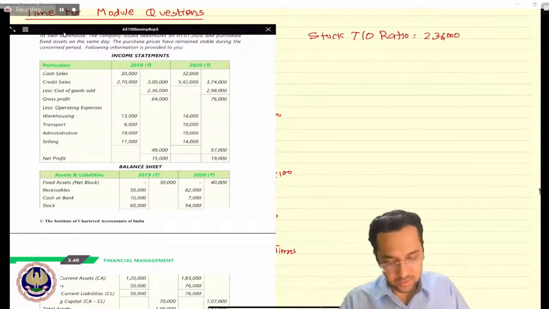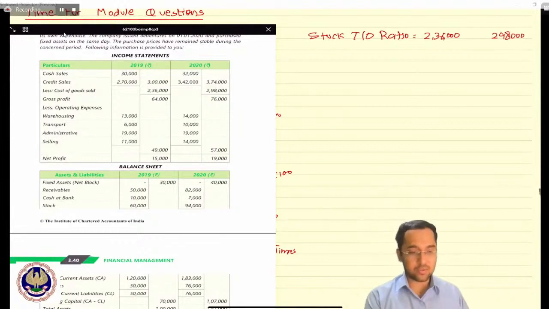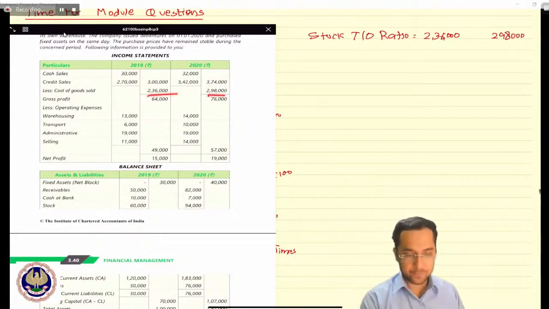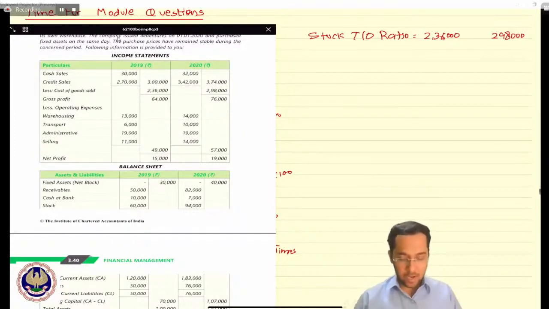And over here, the COGS is 2,98,000. Divided by, we need the average stock figure. Average stock, we have to take it as opening and closing.